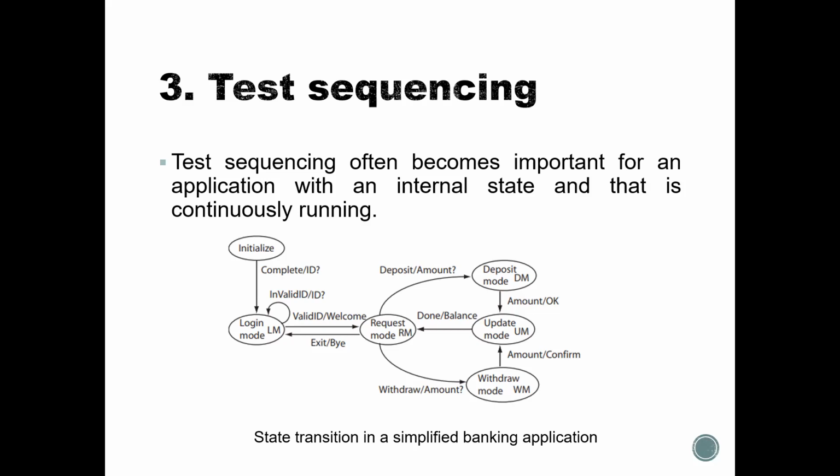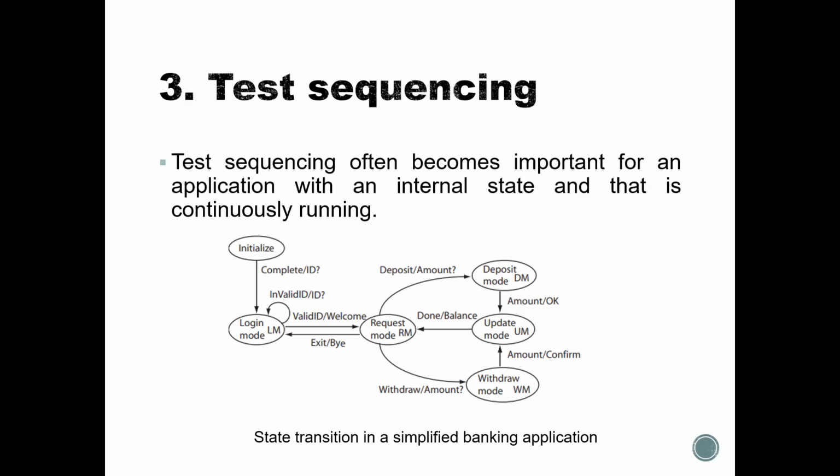If we take this banking example, it starts with the initialization part, and then what can be the next state in this test? It can be this login mode, where the user can enter their ID.